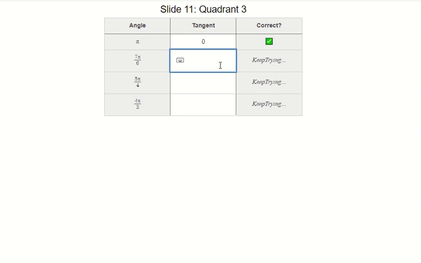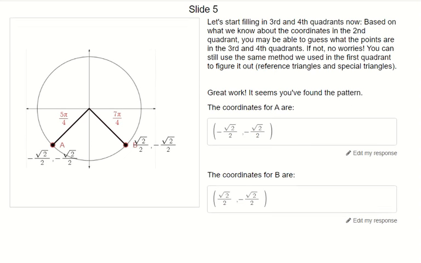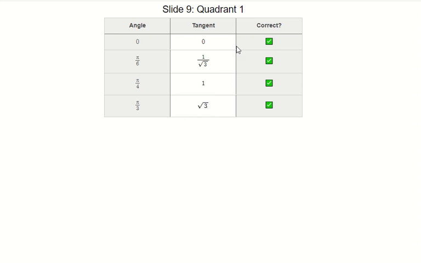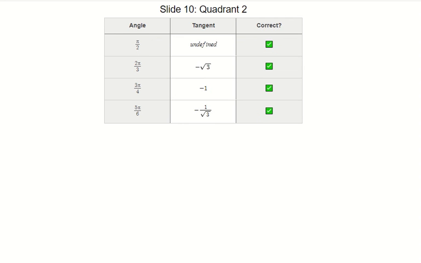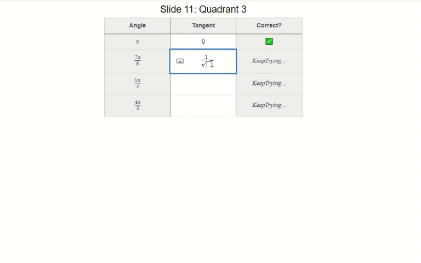7 pi over 6 is going to be this triangle here. Remember that 30-degree triangle, the pi over 6 triangle. So that would be what we saw on this slide as 1 over the square root of 3, and it's positive because it's negative divided by negative, and those cancel out and give you a positive.